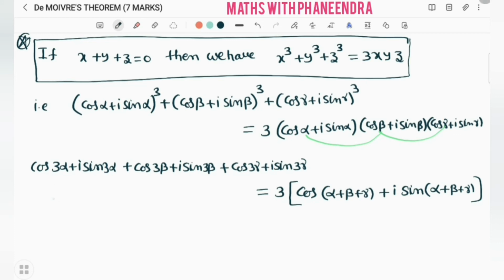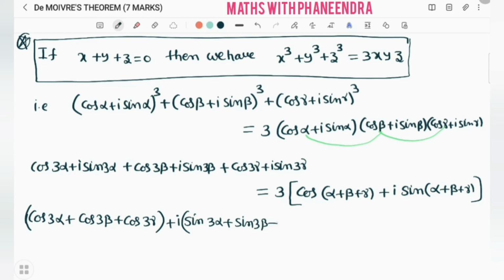So on the RHS, cos 3 alpha, real parts first on one side, cos 3 beta plus cos 3 gamma, plus i into sin 3 alpha plus sin 3 beta plus sin 3 gamma is equal to 3 into cos of alpha plus beta plus gamma plus i into 3 into sine of alpha plus beta plus gamma.